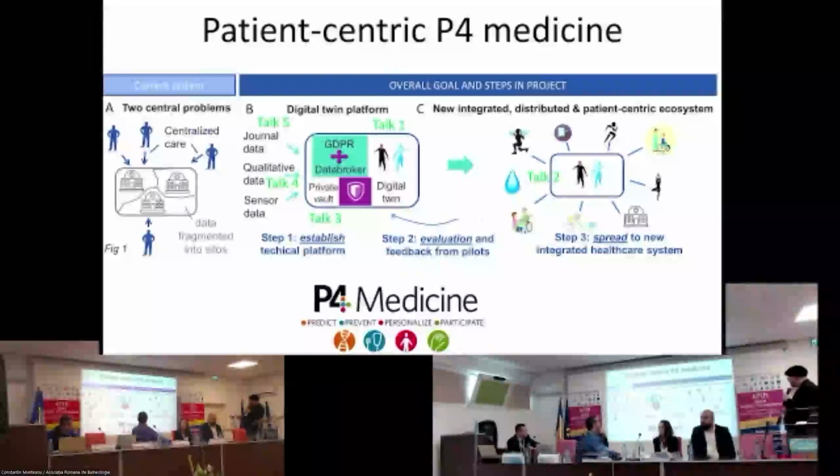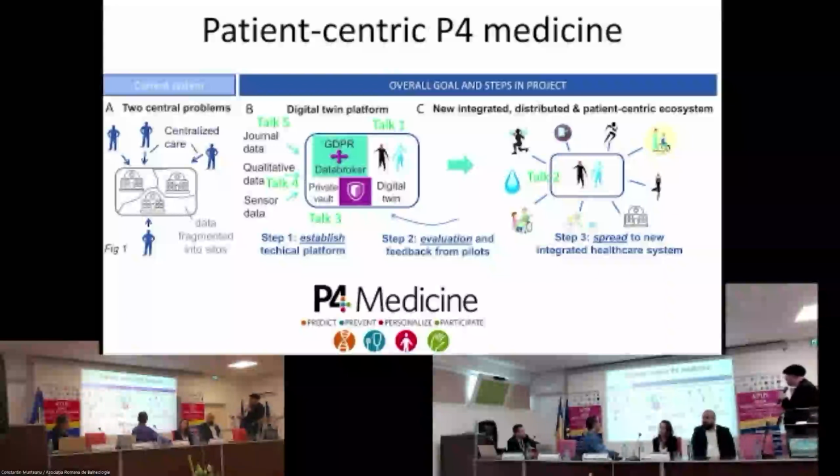And then for the integration, it's very much an integration of data. So talk 3 will be about this private vault. Talk 4 will be about how we integrate these different data sources that come from different places, and they need to be made interoperable, so comparable with each other. That's talk number 4.